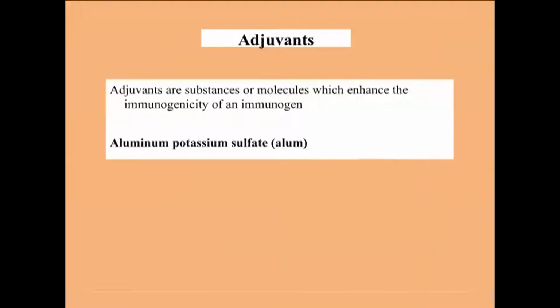Now sometimes we add adjuvants to a foreign molecule to increase its immunogenicity. Adjuvants are substances which enhance the immunogenicity of a molecule, like alum. Alum is potassium aluminium sulfate. It is a double salt. It is commonly used as an adjuvant. Another very important adjuvant is called Freund's adjuvant.